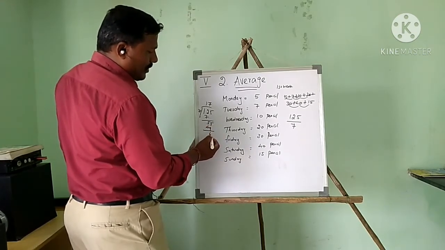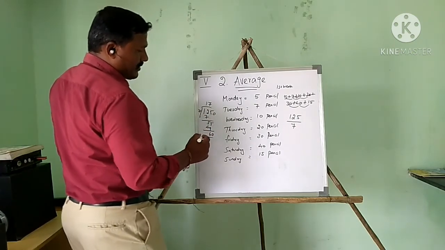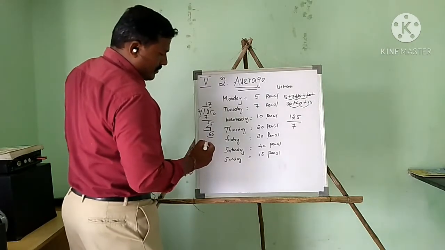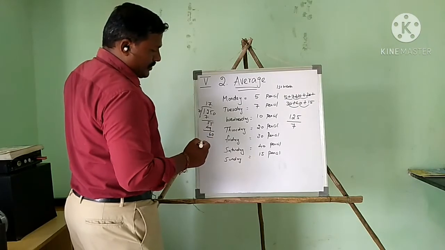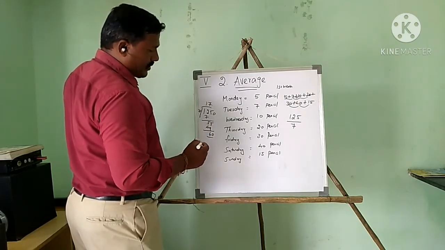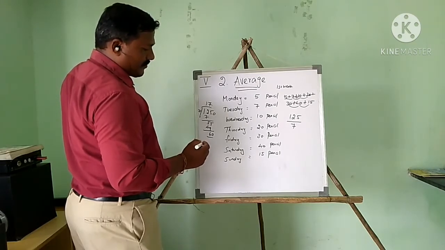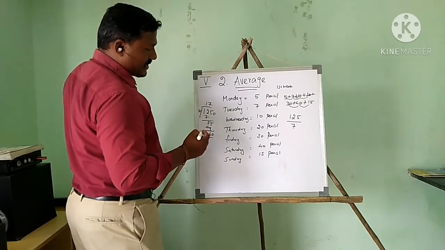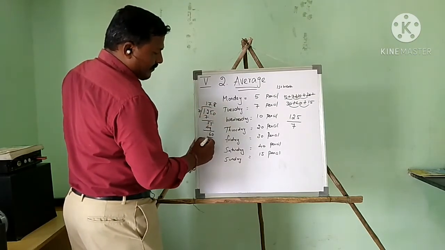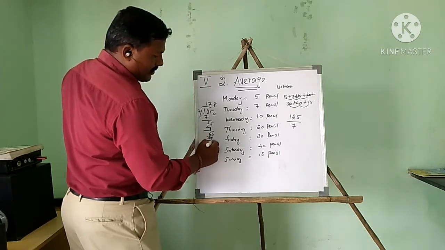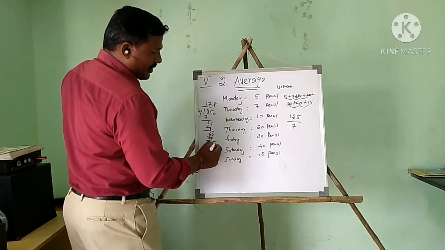We can't divide further, so you have to take a 0 and keep a point. So 8 sevens are 56, 9 sevens are 63. So 8 sevens are 56, the remainder is 4. If you want to divide again, keep 0.